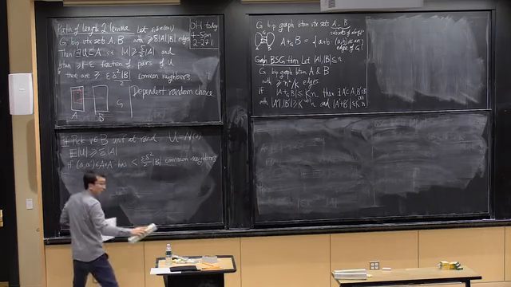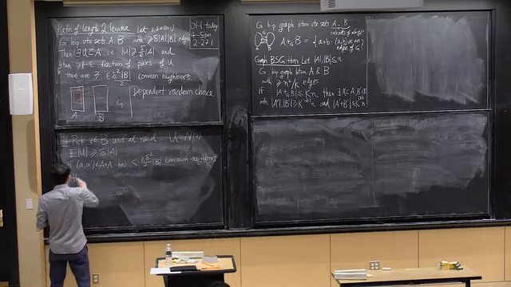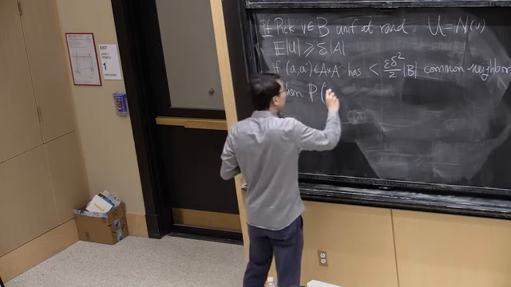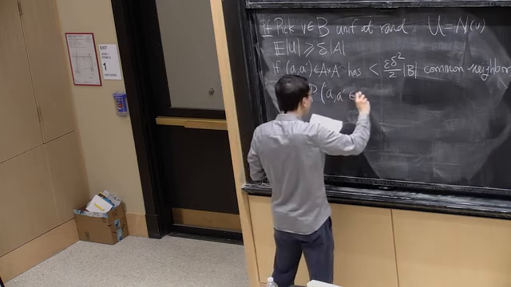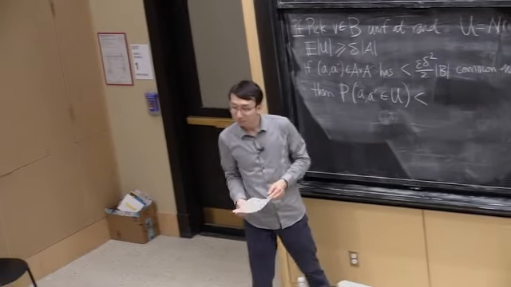If A and A prime have a small number of common neighbors, then the probability that A and A prime both lie in U should be quite small.